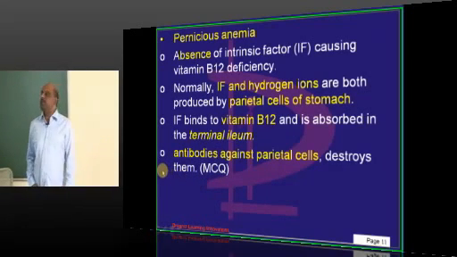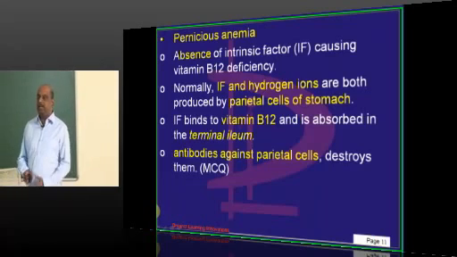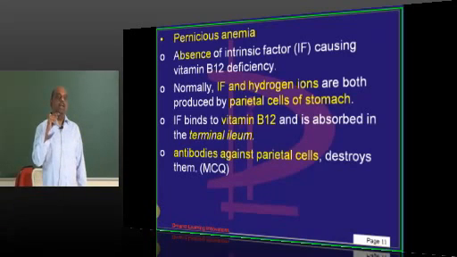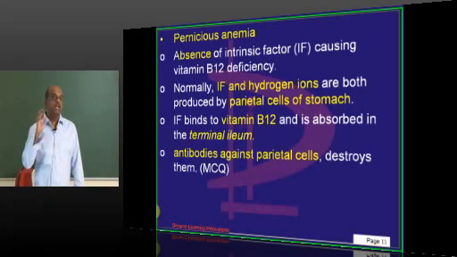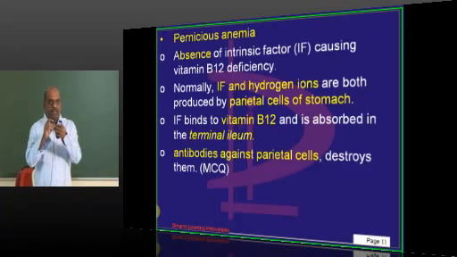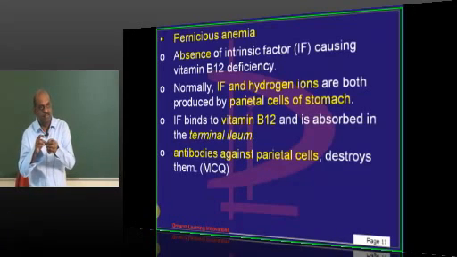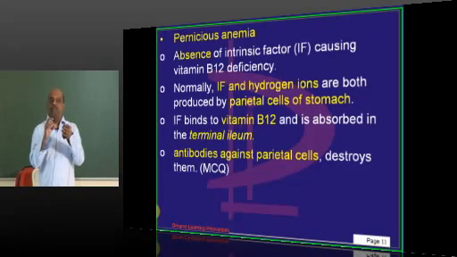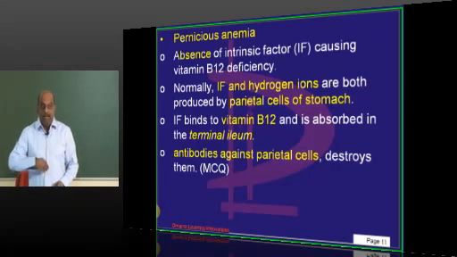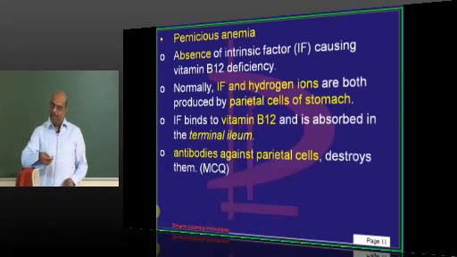If there is no intrinsic factor, what happens whenever we consume vitamin B12? There are a lot of factors called R factors which are produced in our saliva, which will bind with vitamin B12. So this R factor-vitamin B12 complex will go up to the terminal ileum. Intrinsic factor is produced by parietal cells.